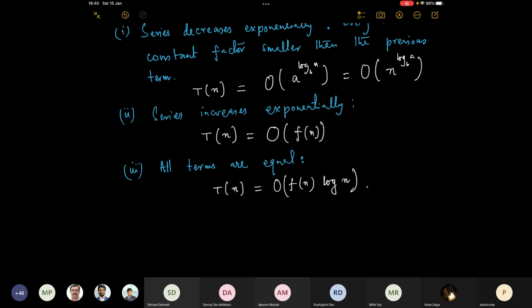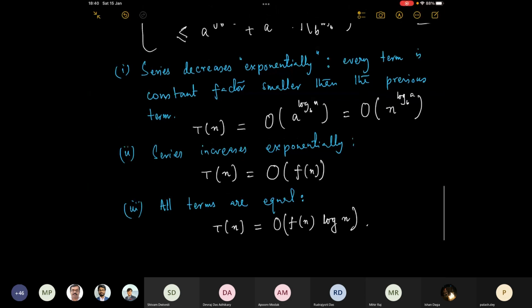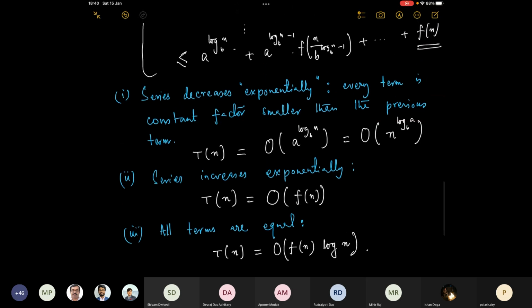Anyone who has doubt in this part, please unmute and speak. These are the easy cases. Of course, it is very clear that on a bad day, on an unlucky day, you can get a recurrence relation for which the series is neither exponentially increasing nor exponentially decreasing nor all equal.